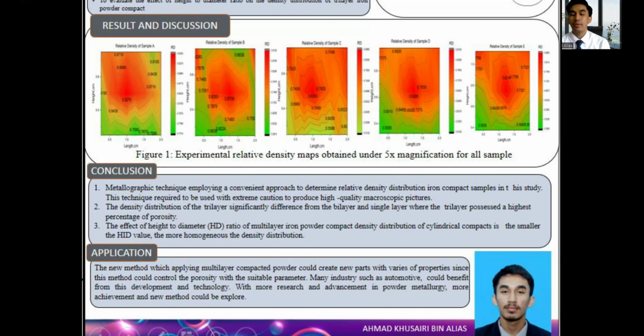And we can also observe that sample A has higher strength, mainly at the barrier layer, compared to the bilayer and trilayer samples. It could also be discovered that the minimum relative density of our samples is located at the bottom layer.